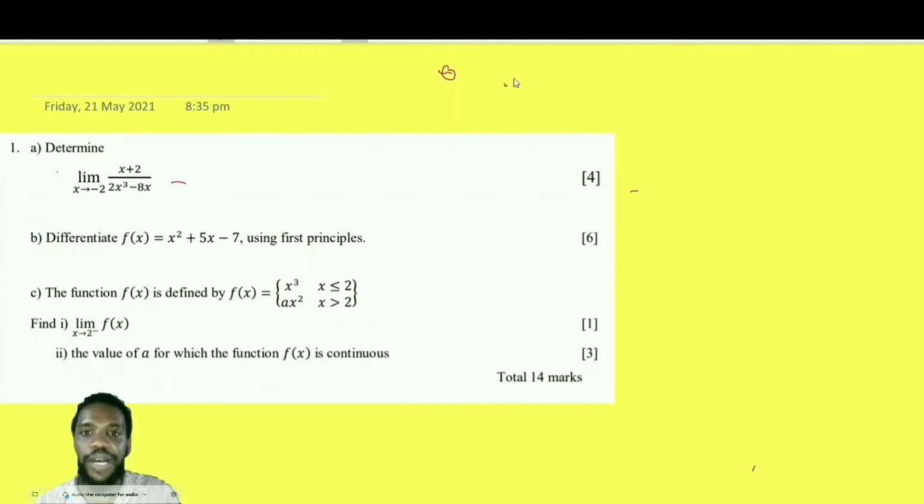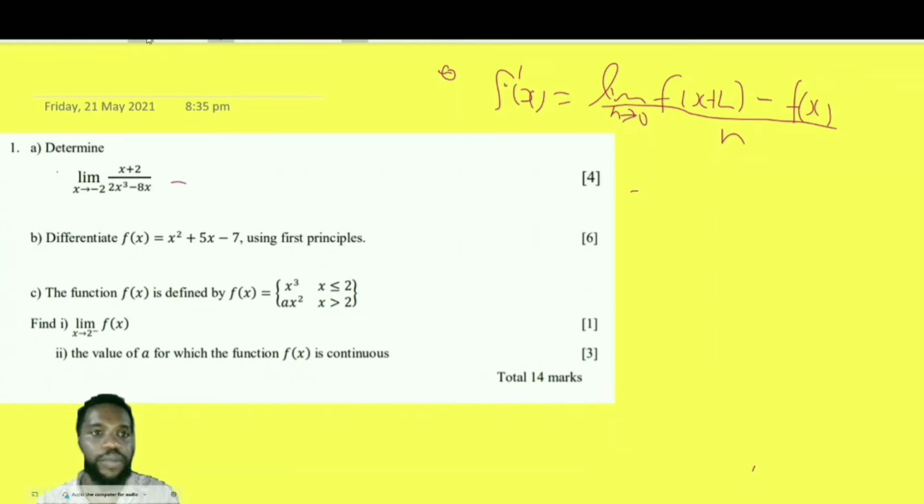x. So I'm going to have f prime of x is equal to the limit of f of x plus h minus f of x all over h as h tends towards 0, the limit. Alright, let me write this properly.